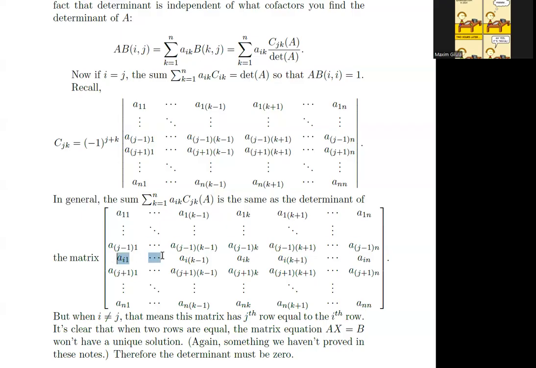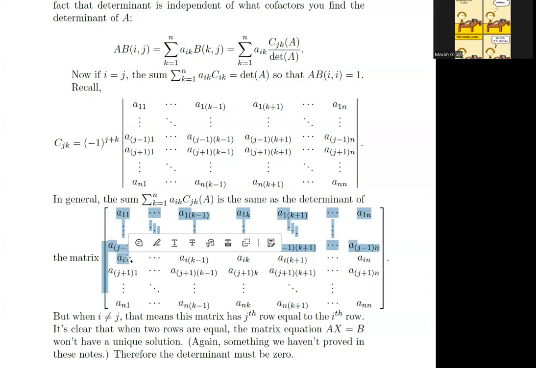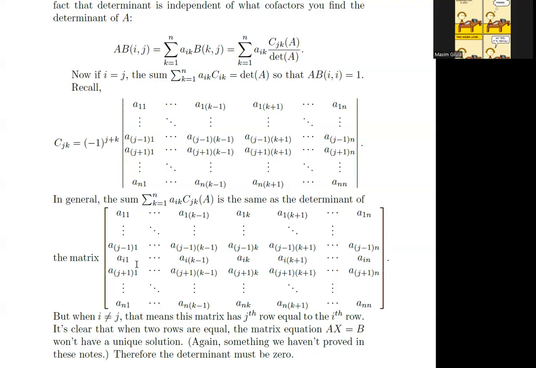So if we insert the jth row, except in this case, the jth row is AIK. If I was J like above, up here, then this would just be the determinant of A. But this is not A, this is a different matrix with row AIK in the jth row. But when I is not J, this matrix has jth row equal to the ith row because the ith row also has entries AI1, AI2, and so on.